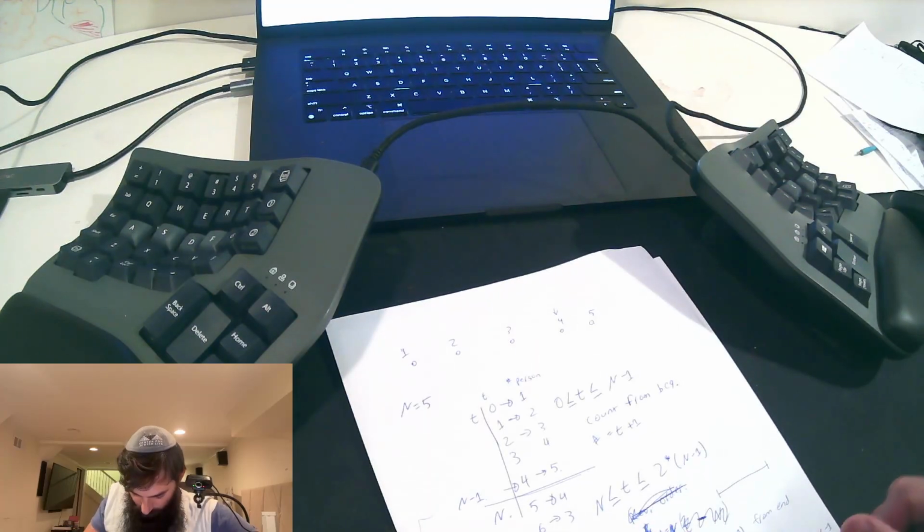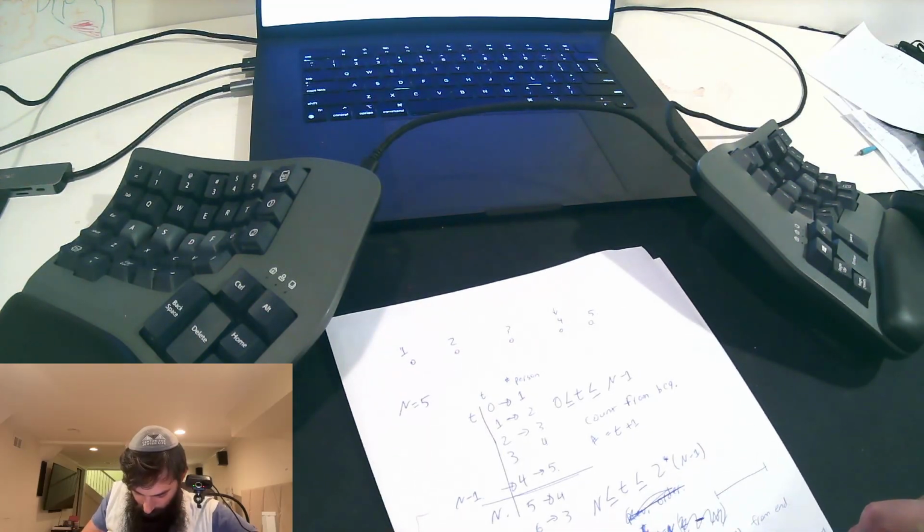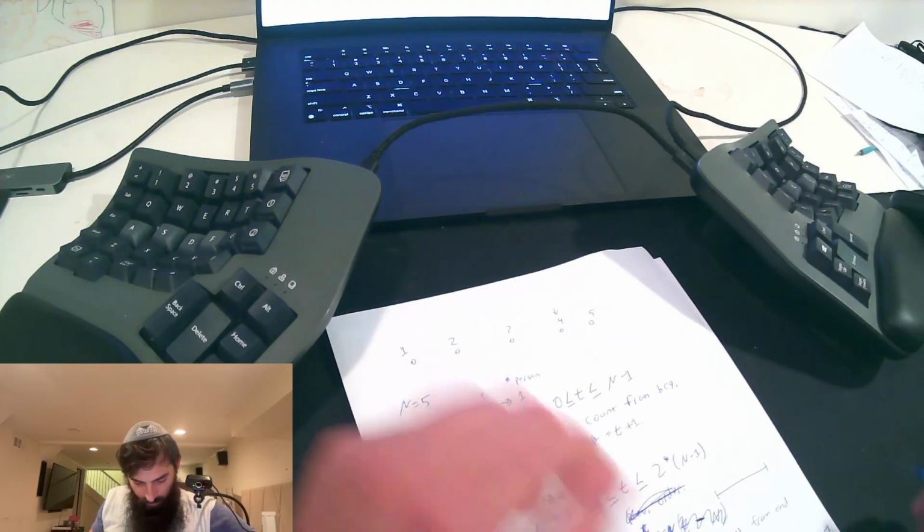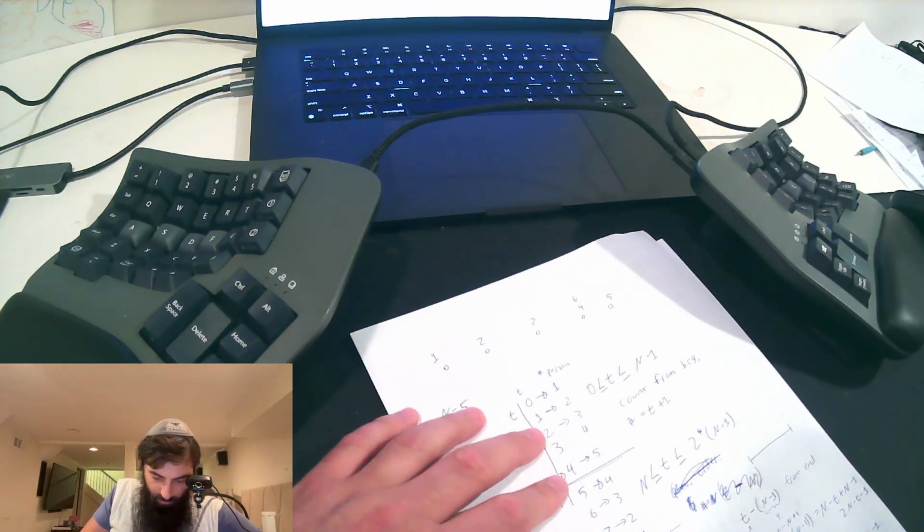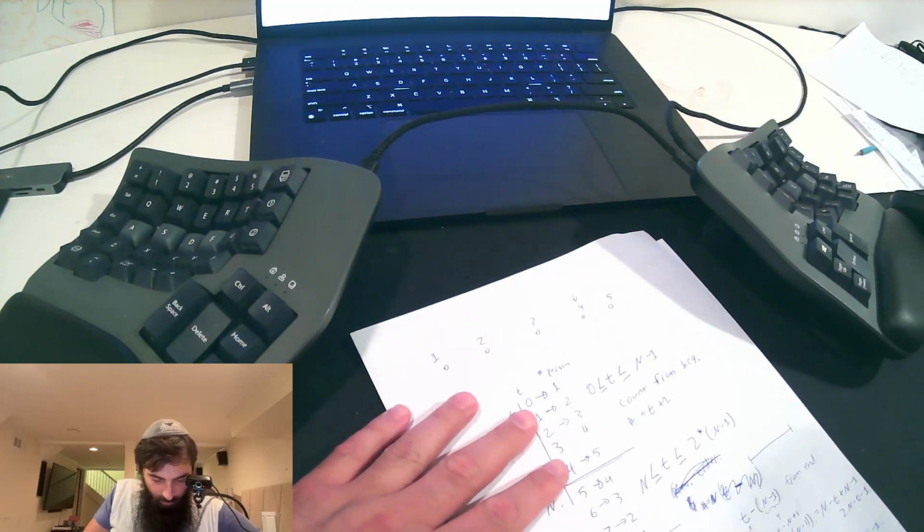Is that it? So let's see. N equals 5, t equals 5. I get 2n, which is 10 minus 5 minus 1, which is 4. That works. And then in this case, where it's above 2n minus 1, I can just do mod 2n minus 1, I believe.